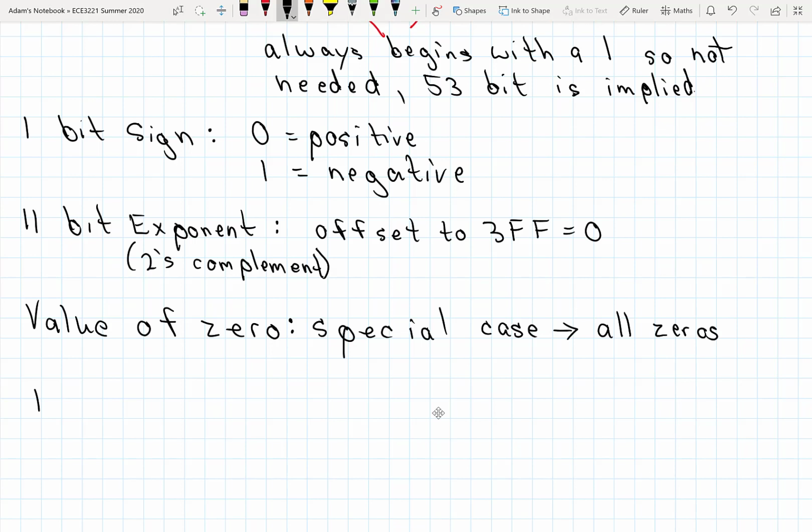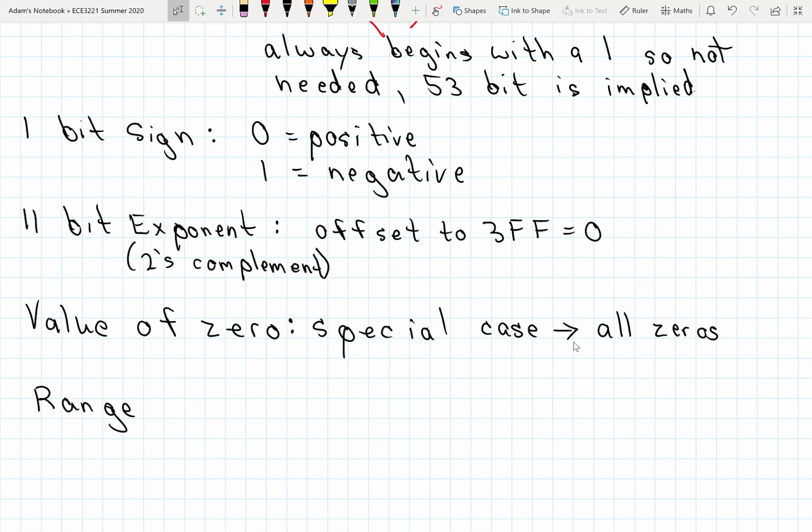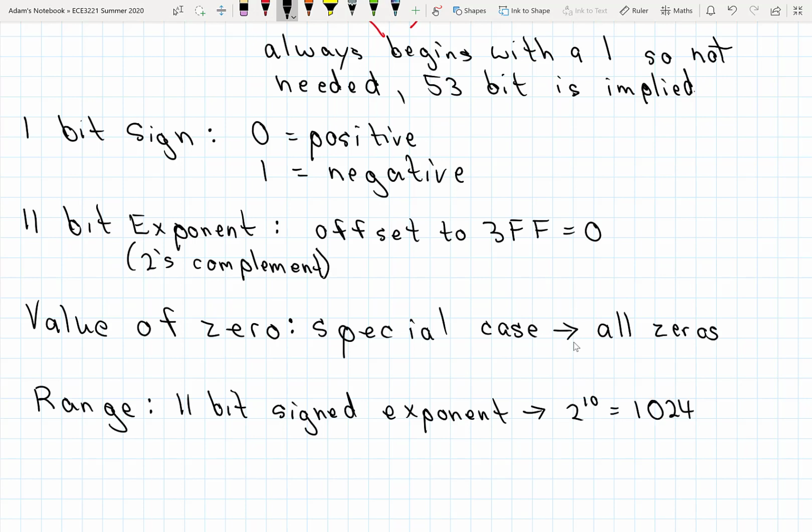Before we get into an example, let's just talk about the range of values that we are able to represent with this 64-bit floating point format. If we consider that our exponent is an 11-bit signed value, that means we can have magnitudes of up to 2 to the 10, which, as you should know by now, is equal to 1024.